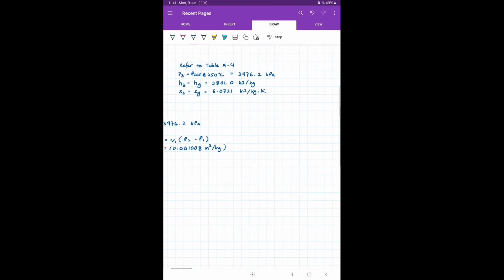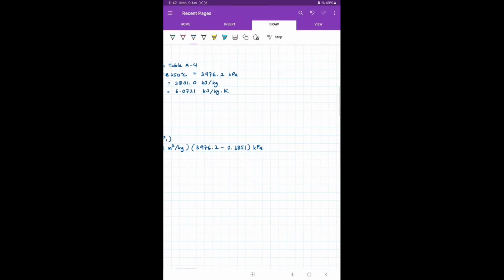We have 3976.2 minus 7.3851, in kilopascal. You need to do a conversion from kilopascal to kilojoule, because the unit of work should be in kilojoule or kilojoule per kilogram.